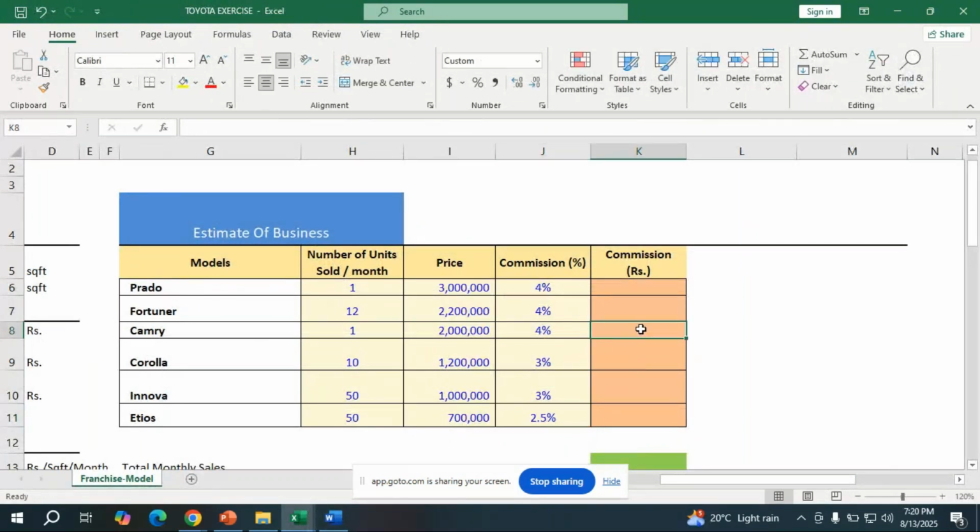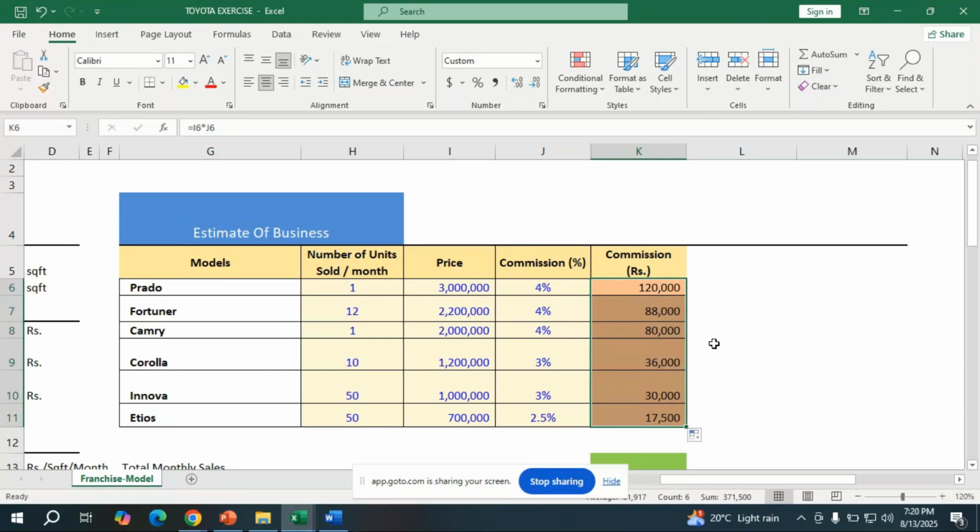Okay. Now you're supposed to calculate commission in rupees equals amount into commission. So this is the amount you're supposed to get: 1,20,000. Yes.